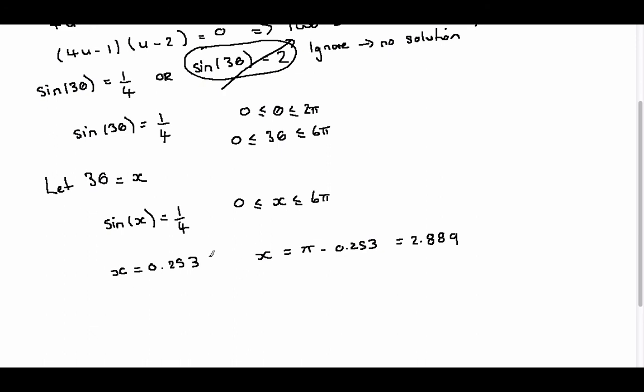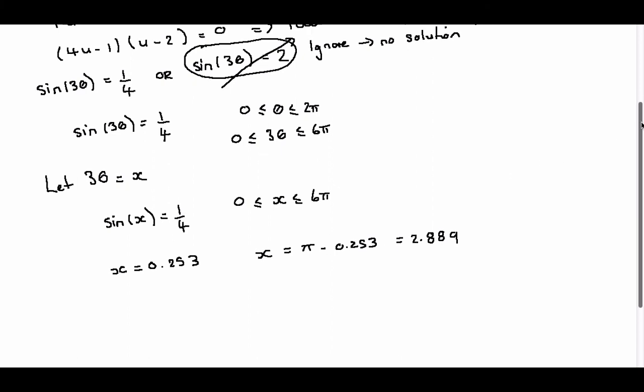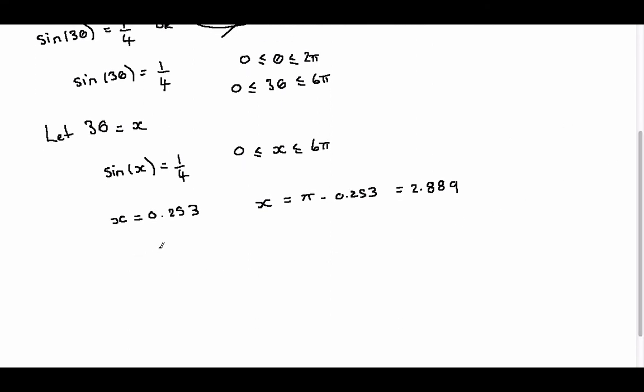So these are two possible solutions, but we have a whole series of more solutions in this region between 0 and 6 pi. To get the next set of solutions, all we do is add 2 pi to each one of these until we pass through the 6 pi.